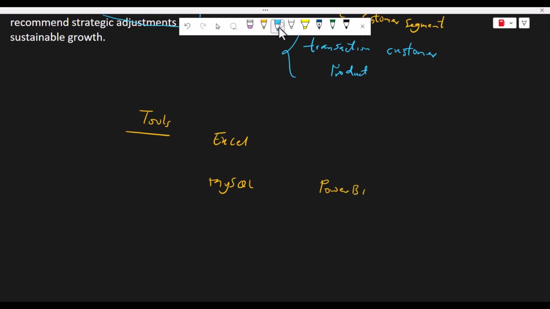We'll be using Microsoft Excel for our data cleaning, while MySQL will serve as our database. Likewise, we'll do our analysis in the MySQL software. And for Power BI, we'll be using Power BI as our visualization tool.